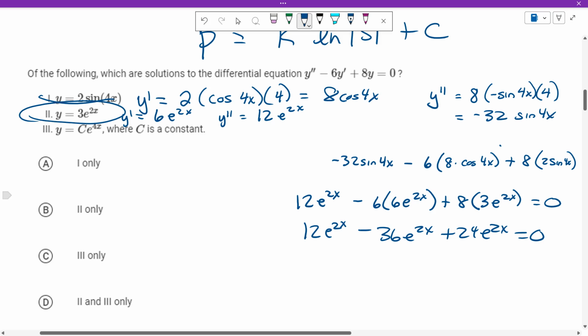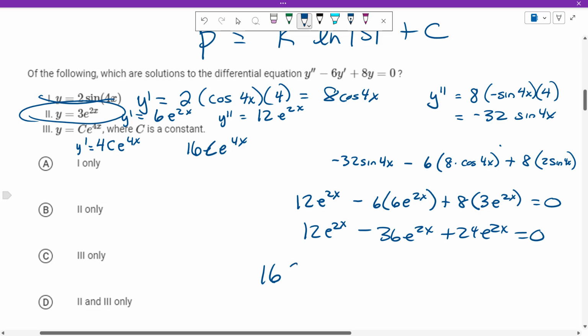Now let's try Ce to the 4x. What's the first derivative of Ce to the 4x? Well, it's going to be 4Ce to the 4x. What's the second derivative going to be? 16Ce to the 4x.